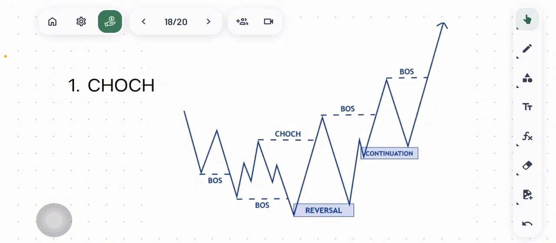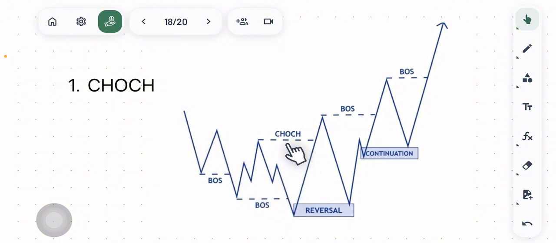Change of character. So when price is trending downwards, as you can see here, price was trending downwards from here, right? This is a high, a low, a lower high, a lower low, lower high, a lower low. This has been the trend. So price was trending downwards here.